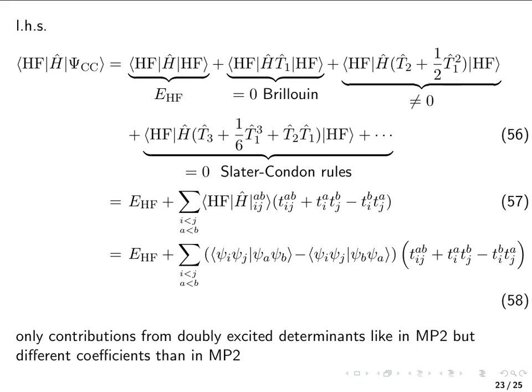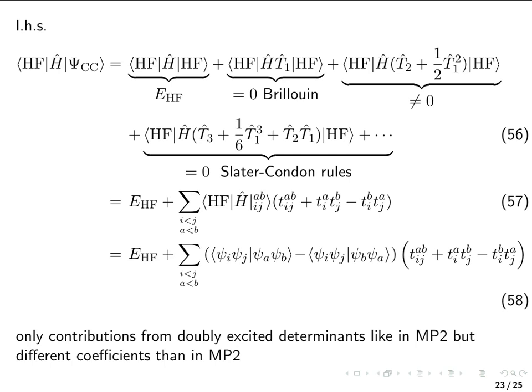But before I do that, I just want to stress once again that the expression for the coupled cluster energy, which is this one here, is the same for all different coupled cluster methods. So it is the same independent of what kind of excitation operators I include in the coupled cluster operator. The only thing I have to include, of course, is the T2 operator.